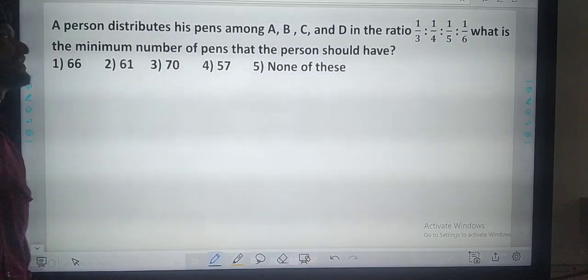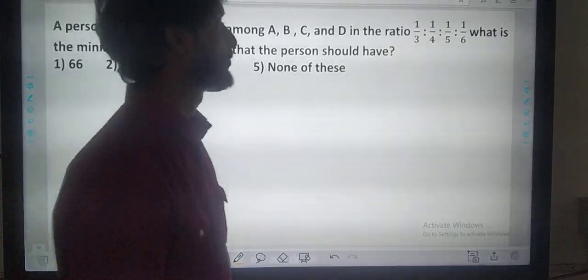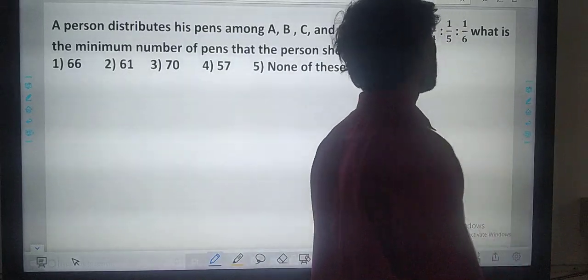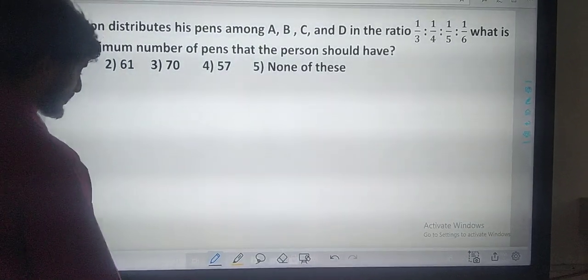A person distributes his pens among A, B, C, D in the ratio 1/3 : 1/4 : 1/5 : 1/6. What is the minimum number of pens that the person should have?